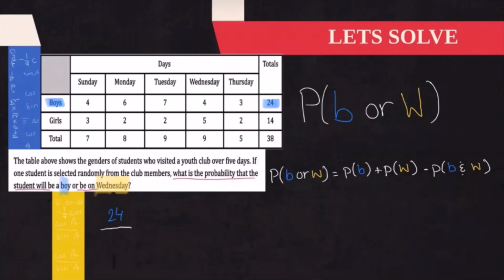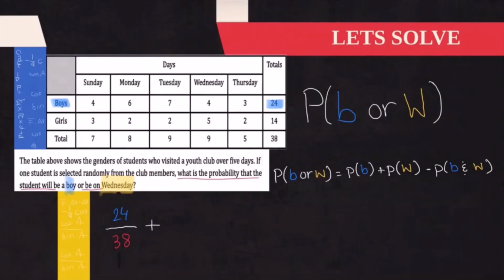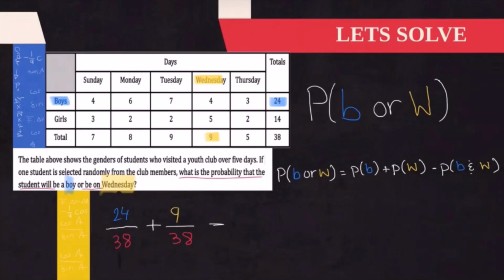The probability of the boys is the total of 24 over the total number of students in the youth club, plus the probability of Wednesday is the total students who attended on Wednesday, 9 students attended over the total of 38 students, minus the probability of boys and Wednesday is the total of boys who attended on Wednesday, 4 boys attended over the total of 38 students.